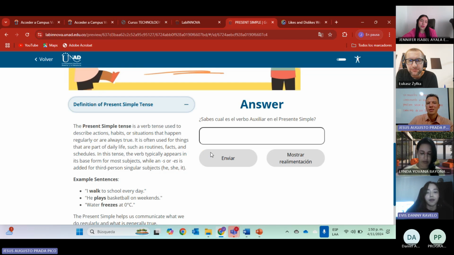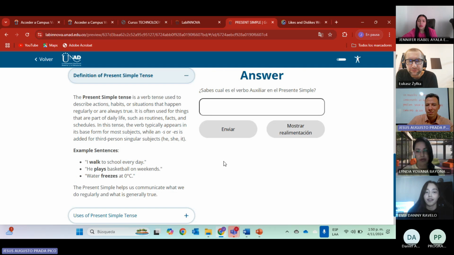The simple present is a verb tense used to describe actions, habits, or situations that happen regularly or are always true. It is often used for things that are part of daily life, such as routines, facts, and schedules. In this tense, the verb typically appears in its base form for most subjects, while an s or es is added to third person singular subjects he, she, and it, as we could notice in the previous exercises.